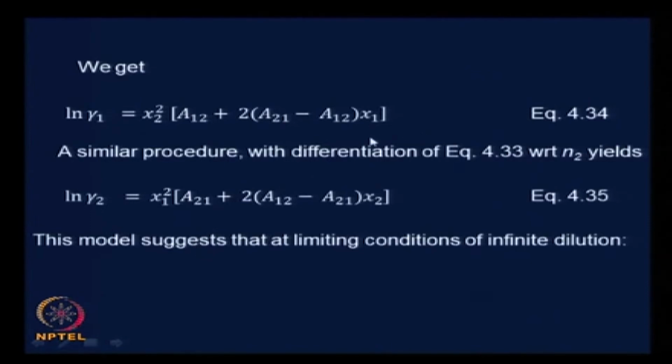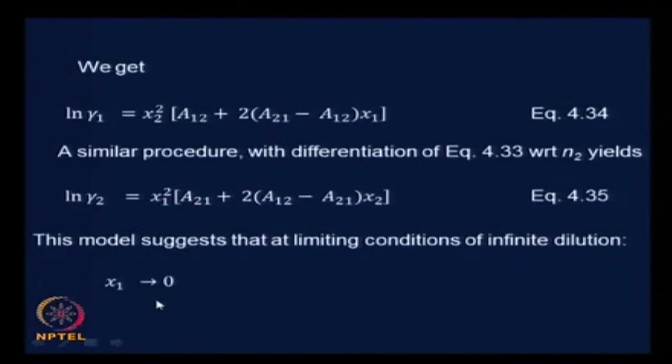The model for gamma 1 and gamma 2 suggests something at the limiting conditions of infinite dilution. What does infinite dilution mean? It means that one of the components has gone to 0 and the other component is what is there completely. If x1 has gone to 0, x2 is 1, and if you substitute x1 equals 0 here, ln gamma 1 is nothing but the constant a12.